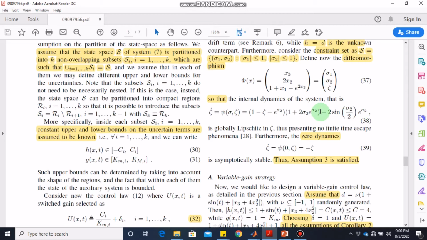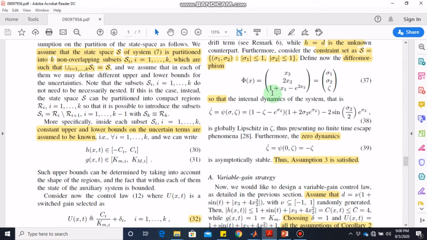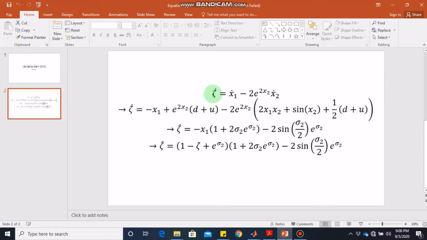I have calculated zeta dot for you here. Since zeta is equal to 1 plus x1 minus 2 into e to the power 2 minus e to the power 2x2, if you look at this, then zeta dot is x1 dot minus 2 times e to the power 2x2 times x2 dot.